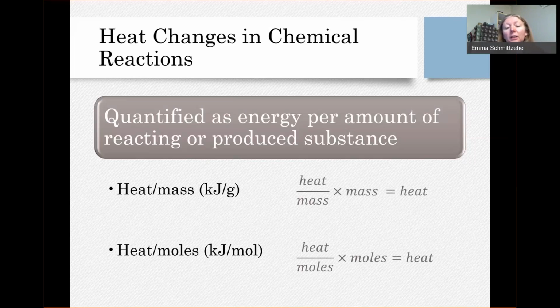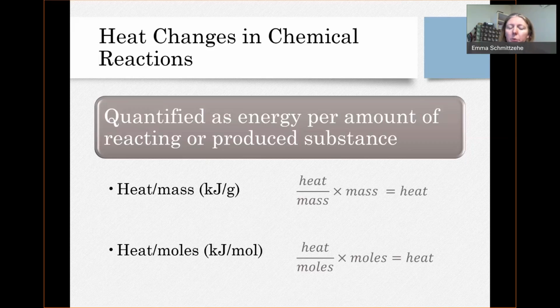So you're given a standard value for this particular reaction. This is how much heat is released or absorbed for a given amount of stuff that is reacted. And then if you multiply by the specific amount that you react, then you get the actual heat.